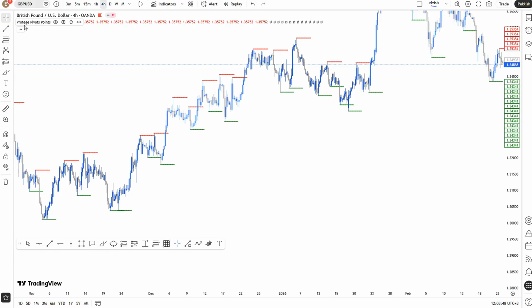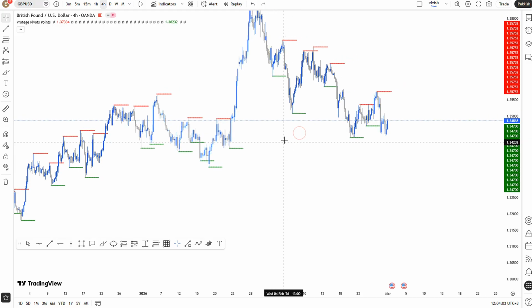We use the green and then the red. The green should give us the lows, and then the red should give us the highs if it's an uptrend. The same thing applies to the downtrend.